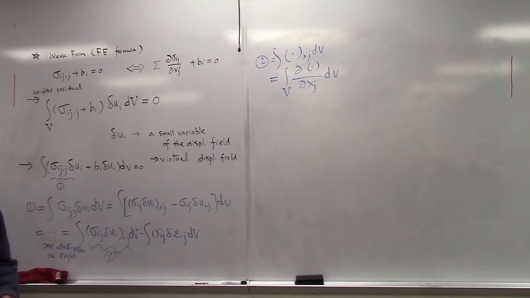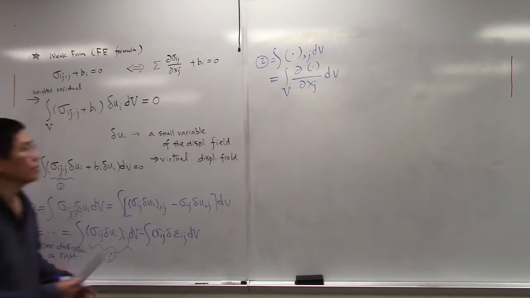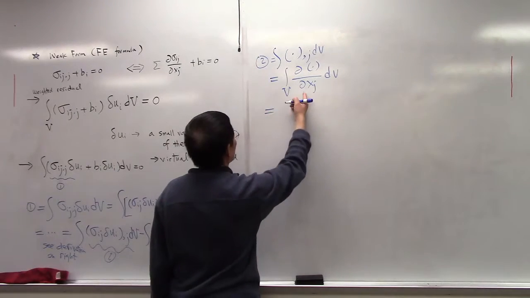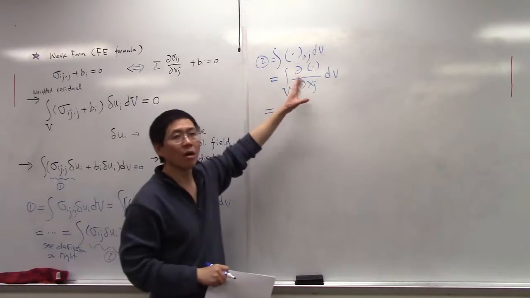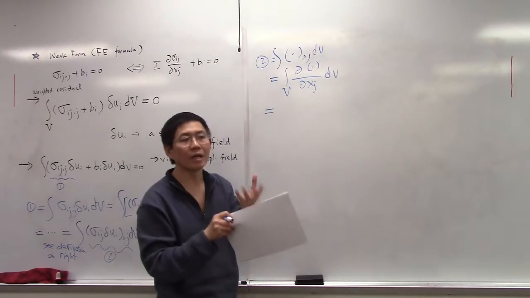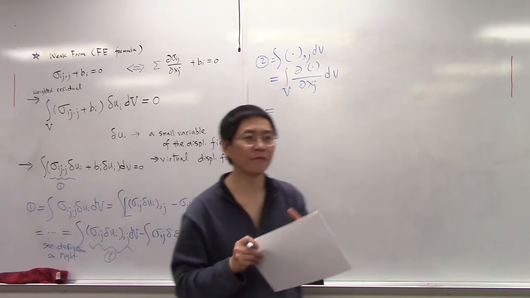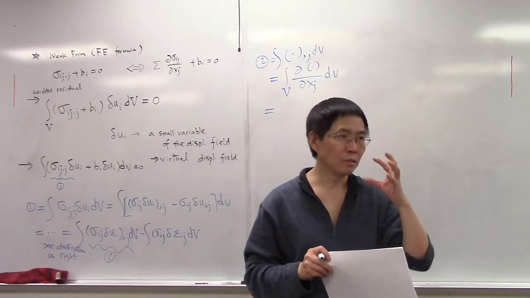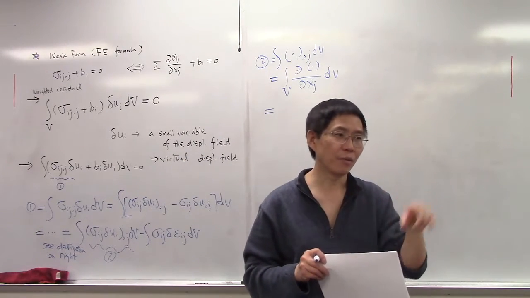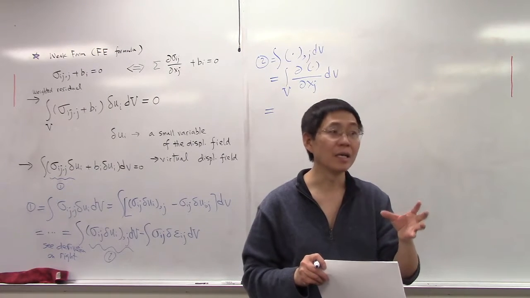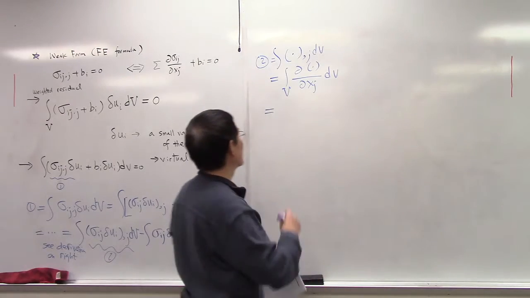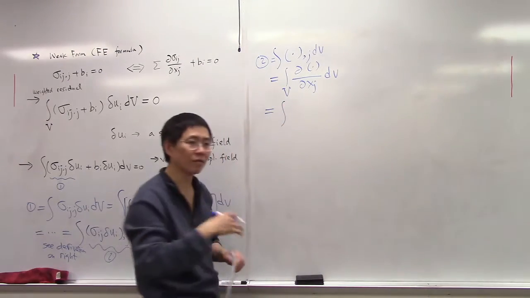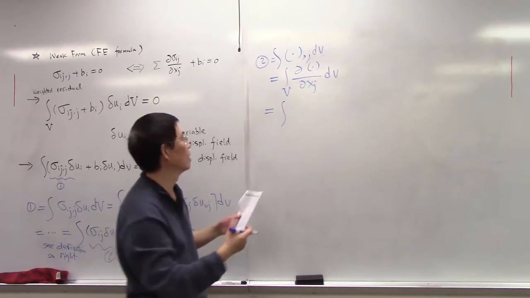And now, if you remember the Gaussian theorem, this is the integration of the divergence of that function over the volume. The Gaussian theorem says if you have a function, you calculate the divergence at every point inside the volume and integrate that, it is exactly equal to the integration of the function over the surface.